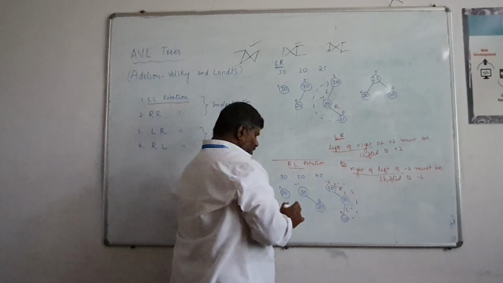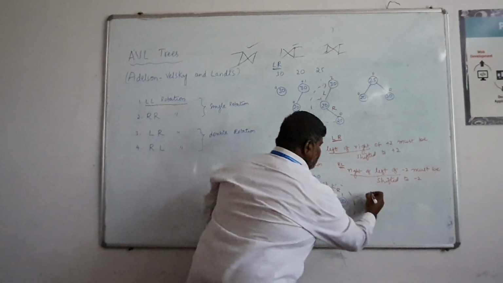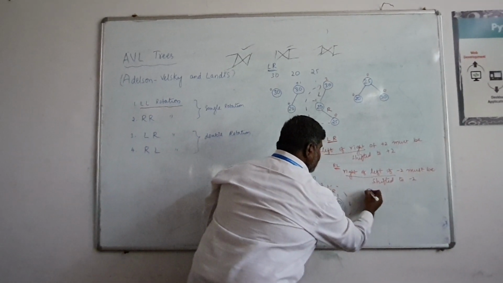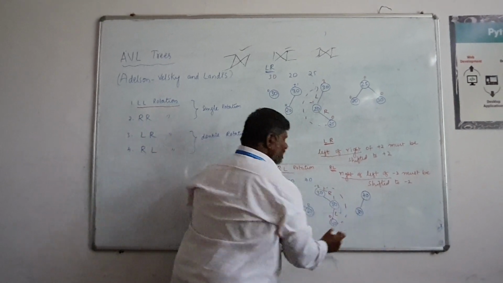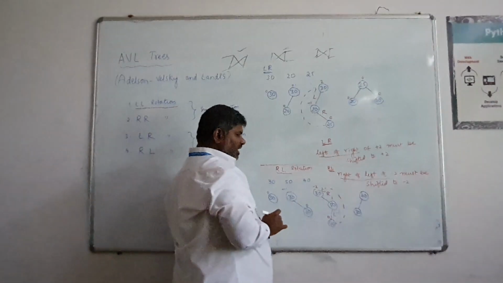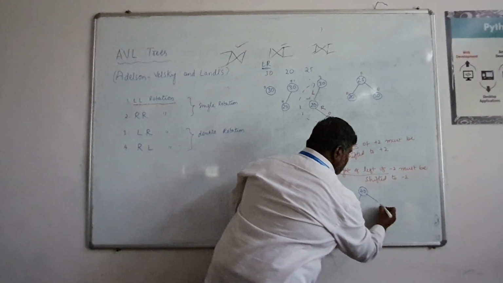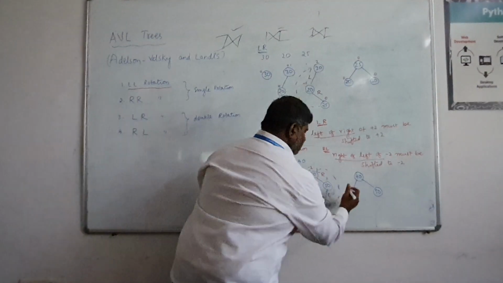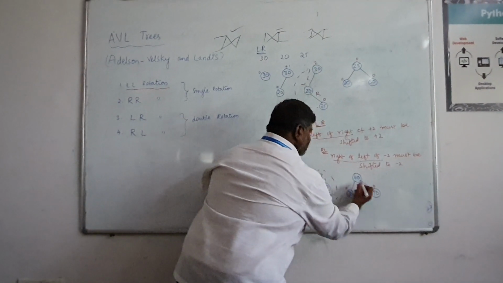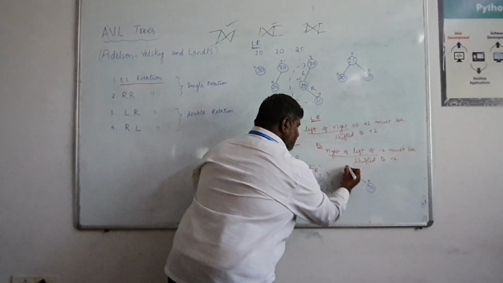So now in the next case, what happens? If we shift 40 here, reconstruct the tree. 30 will be left of 40 because 30 is less than 40. Then 50 is right. Now the balancing factors are 0, 0, 1 minus 1, 0.